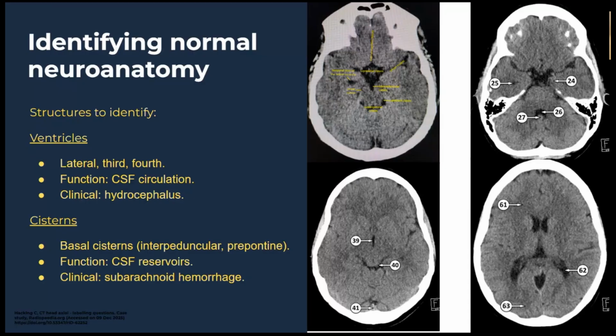The CSF in the lateral ventricles drains into the interventricular foramen, which then goes into the third ventricle, and then that drains into the cerebral aqueduct. That drains into the fourth ventricle, and then enters the subarachnoid space via the two lateral and one midline aperture, and then that goes to surround the brain and spinal cord. It's important to know that when you're thinking about blockages to the system.